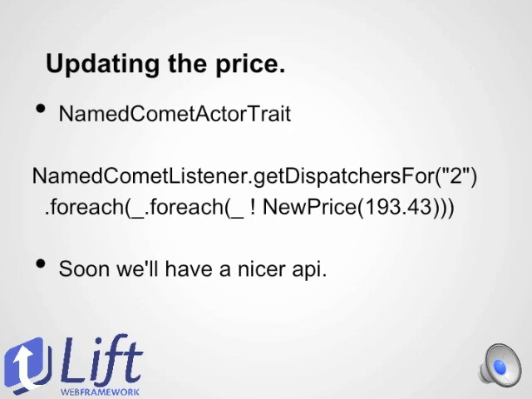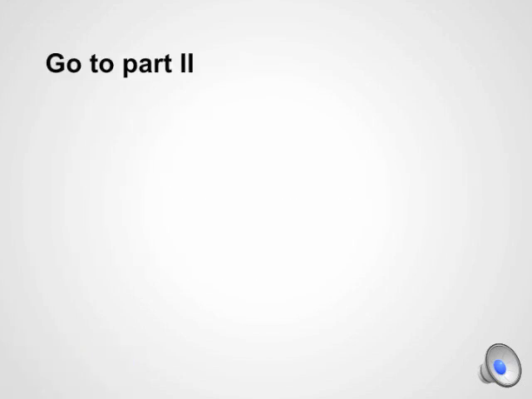That's why you had the first foreach, and then because you get a Box as the result of the future, that's the second foreach. Then the exclamation mark newPrice is the new message that you want to send to all the Comet actors that are just looking at this item.